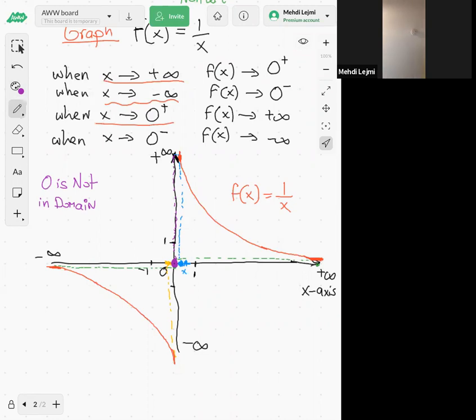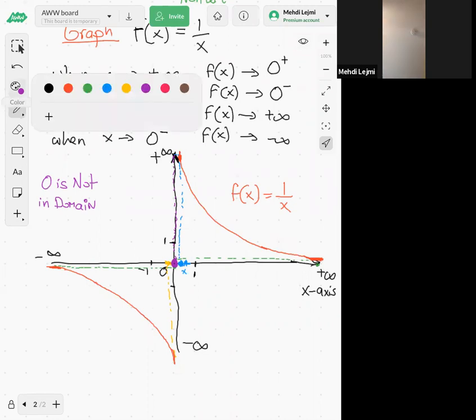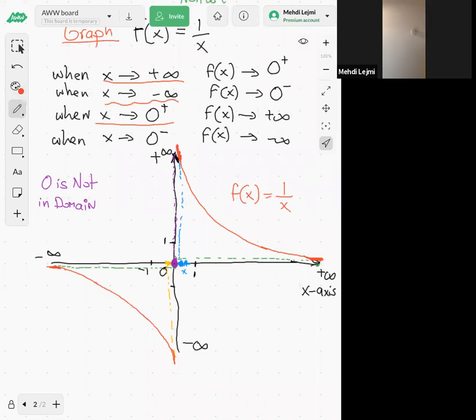Okay. And so here you see the graph of f of x, it's getting very close to the y-axis, but it's never going to touch the y-axis, right? Because if it touches the y-axis, it means that 0 would have an image, right?